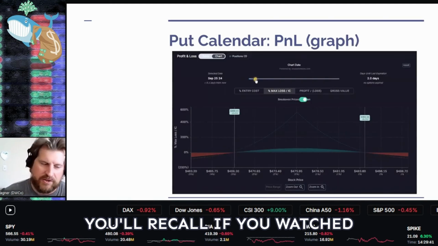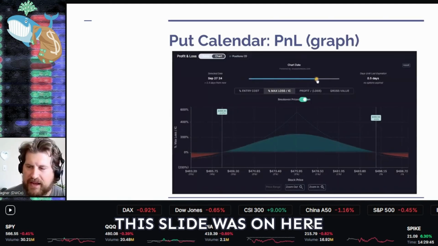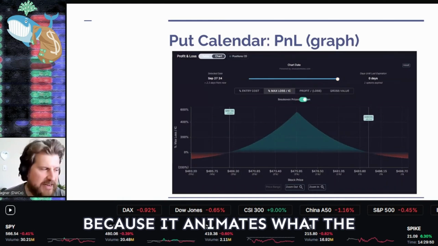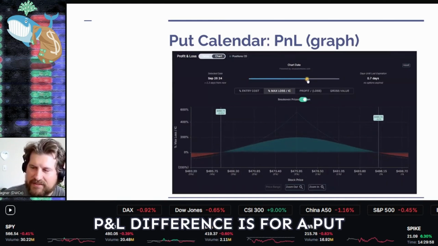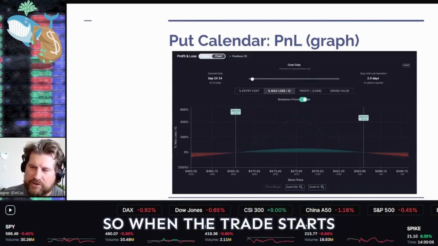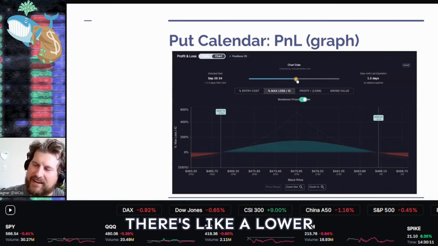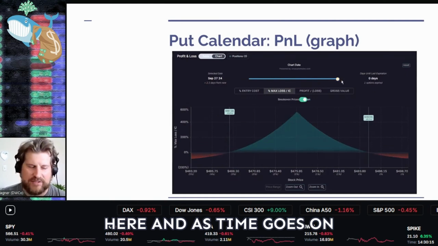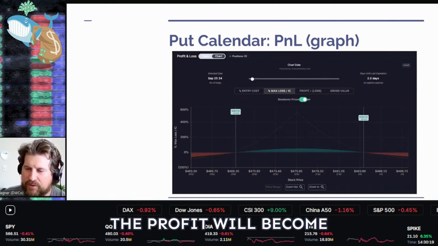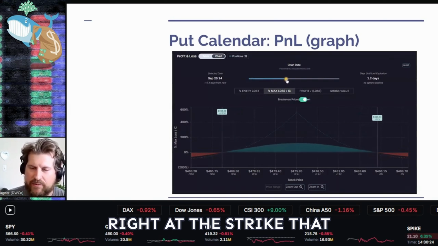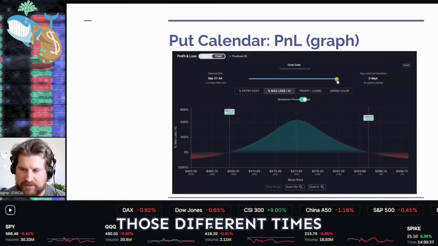You'll recall if you watched our review from last week, this slide was on here, and I wanted to show it again really quick because it animates what the P&L difference is for a put calendar spread as time goes by. When the trade starts, there's a lower tent kind of section here, and as time goes on, the profit will become potentially quite large right at the strike that you sold and bought over those different times.